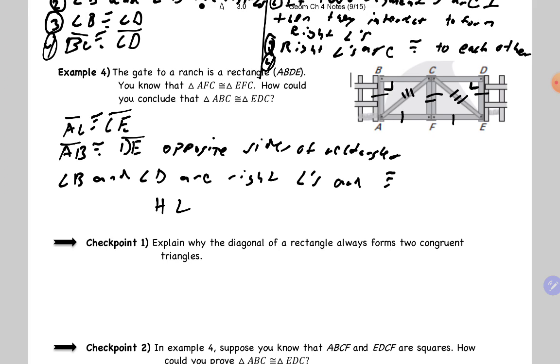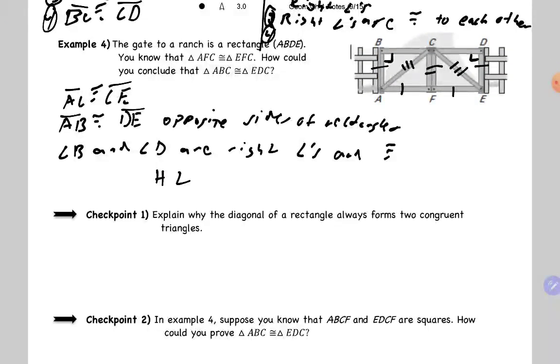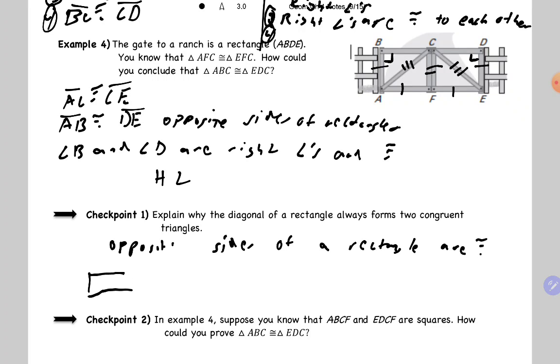Okay, checkpoint 1. Explain why the diagonals of a rectangle always form two congruent triangles. So once again, opposite sides of a rectangle are congruent. So you got that piece congruent to that piece, and then that piece congruent to that piece.